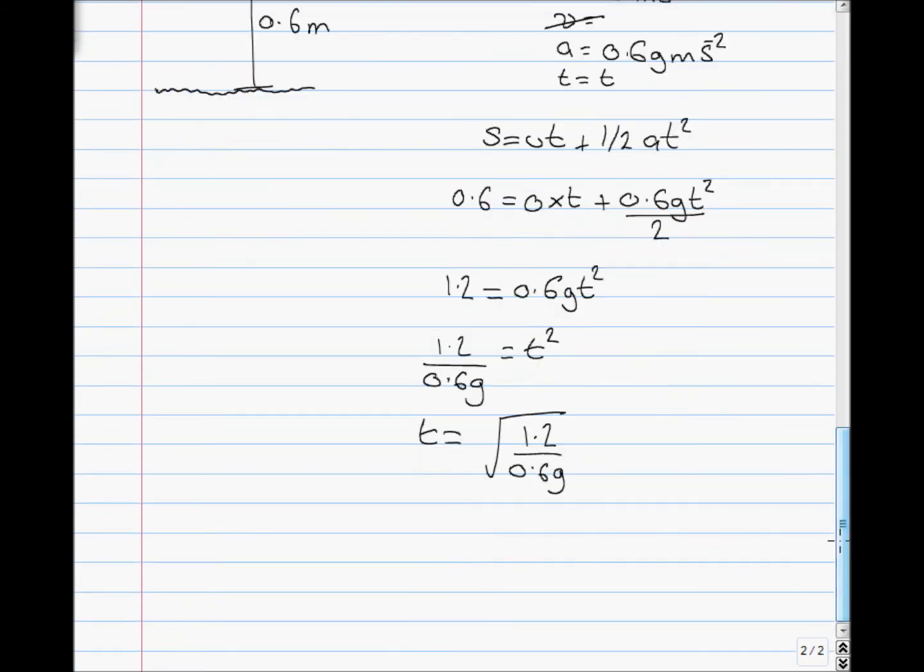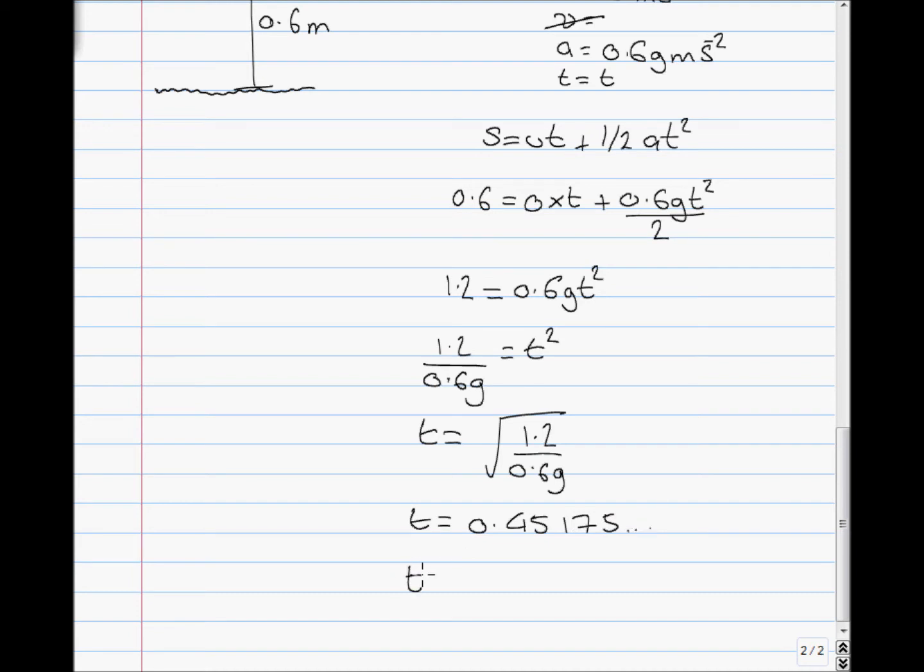I could simplify the 1.2 over 0.6 obviously, but I'm putting it into a calculator, so I'm not going to. T equals 0.45175 and some other stuff.